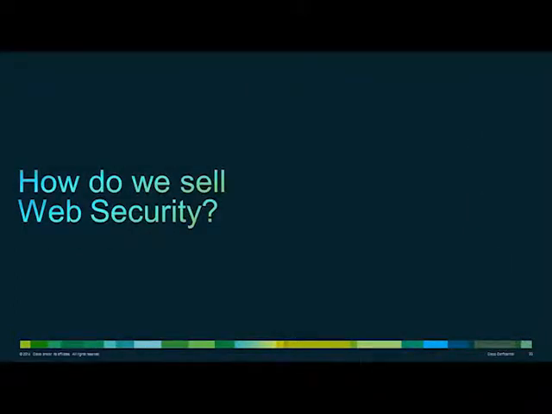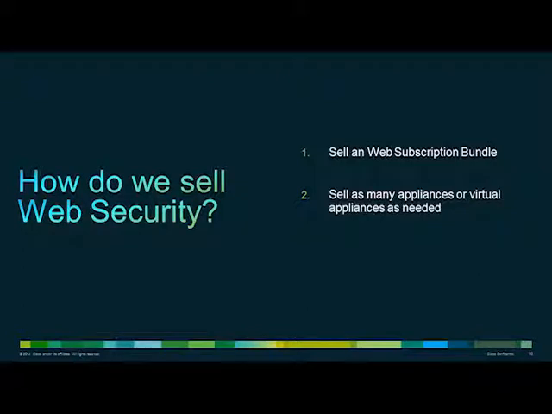For the Cisco Web Security appliances, sell a Web Subscription Bundle, which will be shown on the next slide. Then sell as many physical or virtual web security appliances. Finally, remember to sell the benefits of Cisco SmartNet in order to protect the customer's investment in the solution.